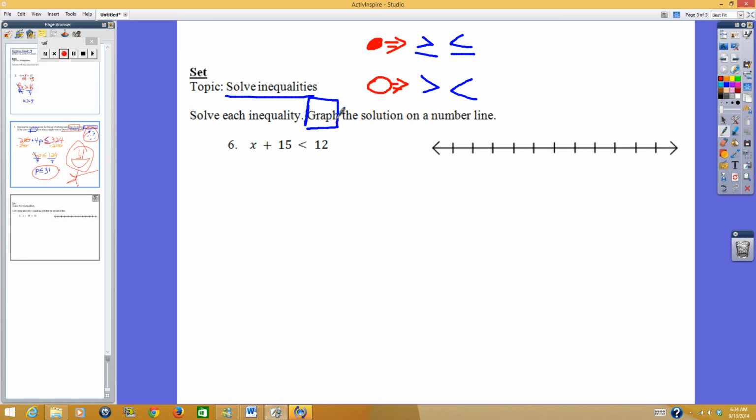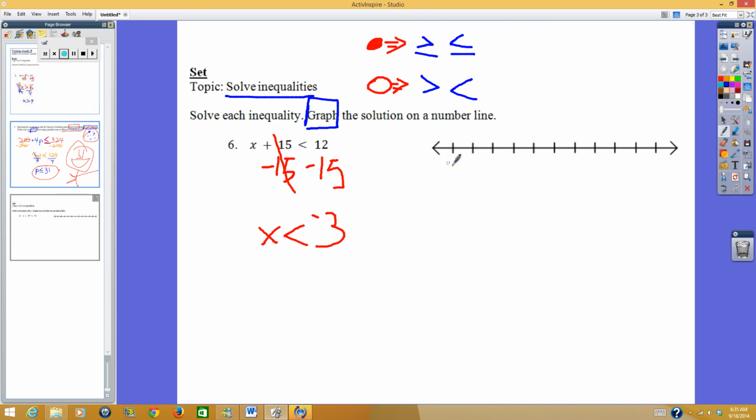Okay? So what's near this x that we need to get rid of is the plus 15. You do the opposite, which is minus 15, minus 15. Bam! Those cancel out. All you have left is the x is less than 12 minus 15. We'll give you negative 3.